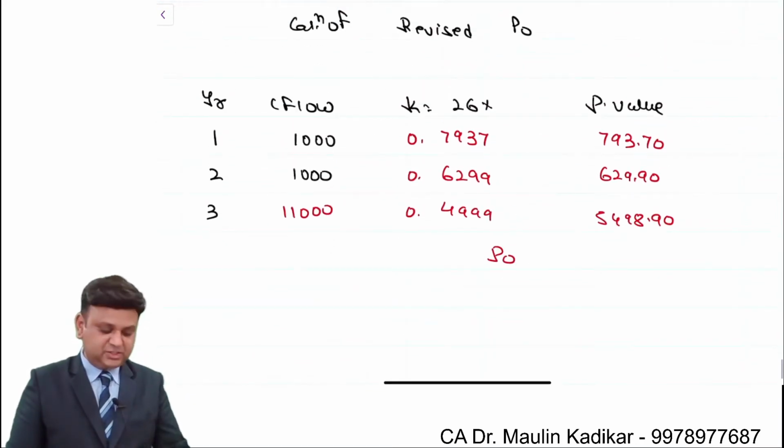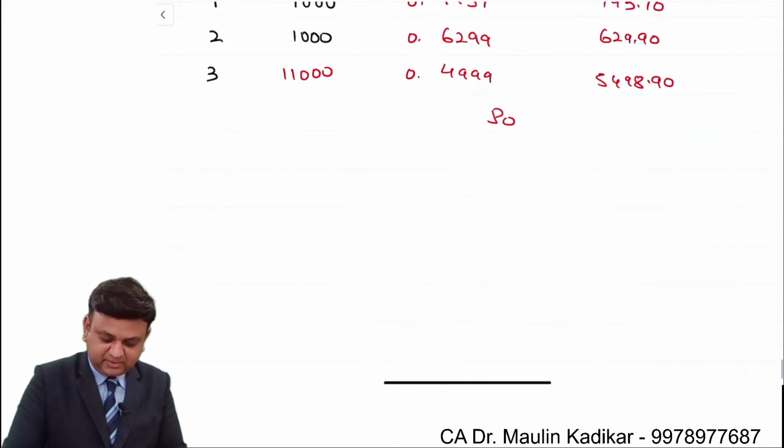Based on that, the P0 is found: 793.7 plus 629.9 plus 5498.9 comes to 6922.50.